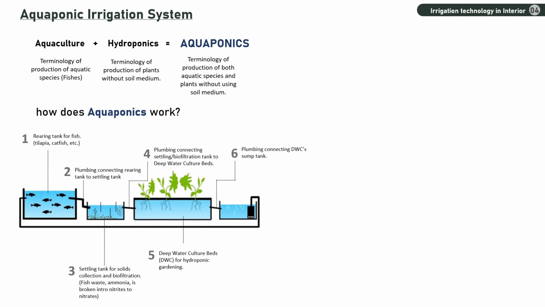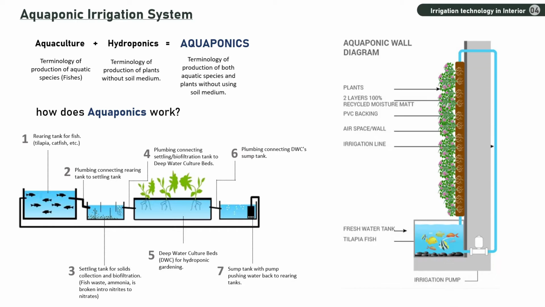Sixth, we have the plumbing connecting to the DWC sump tank. The final step, we're in the sump tank where a pump pushes water back to the rearing tank, meaning clean water is pumped back to the rearing tank. To give you an overview, here is another diagram of aquaponic irrigation for a living wall system.